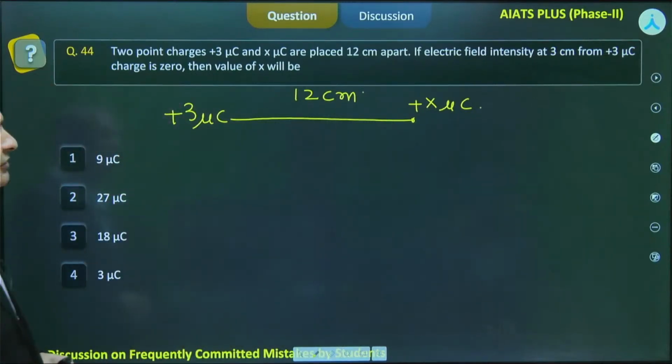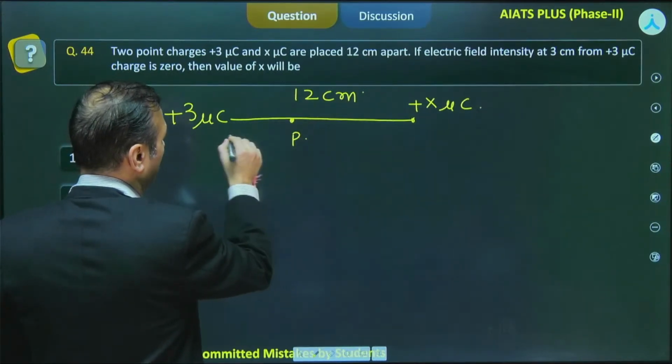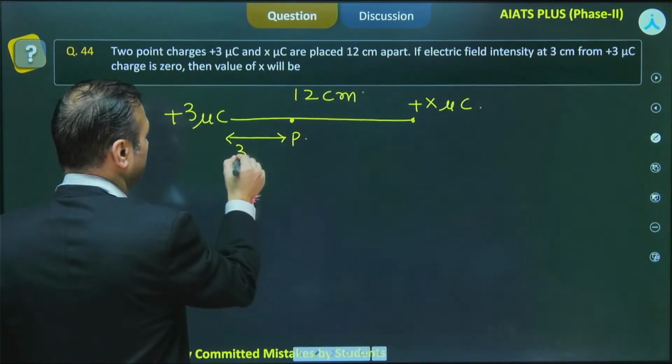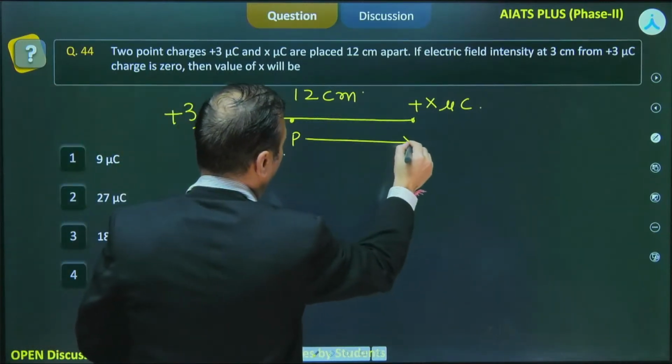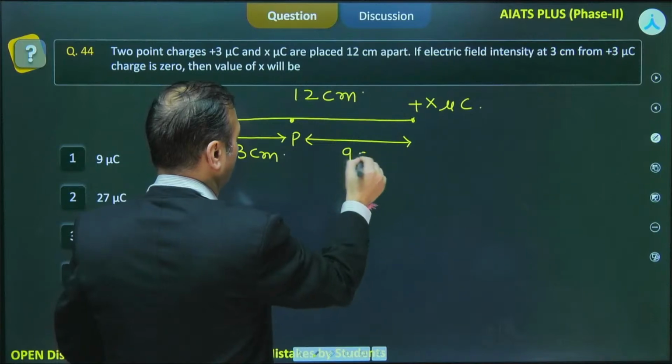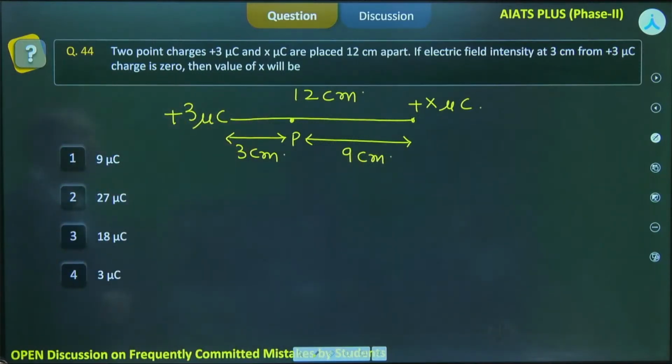We have to find the electric field at point P, which is at 3 centimeter from one charge, and from the other charge it is 9 centimeter. Electric field intensity at 3 centimeter from plus 3 microcoulomb charge is 0, then find the value of x.